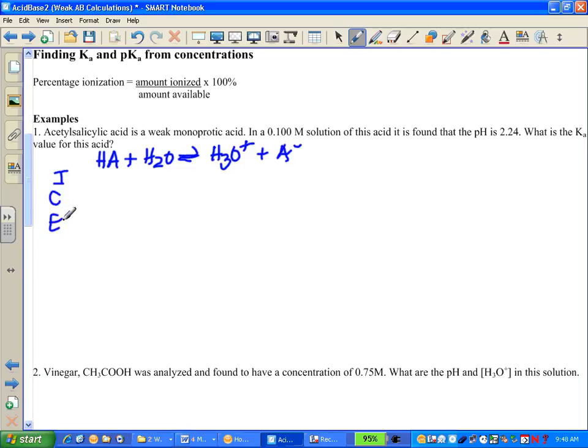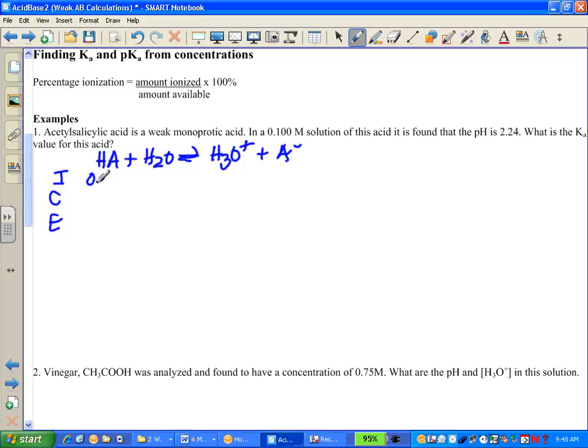Now, as in the last unit, we're going to set up an ICE chart. And in this case, if it gives us the concentration of a solution, that is the initial concentration of the solution. So we prepare the solution by dissolving some kind of solid in water, and this is basically like the intended concentration of the solution.